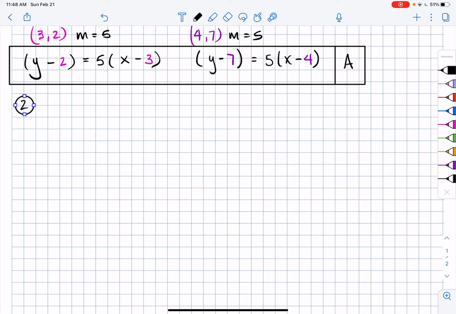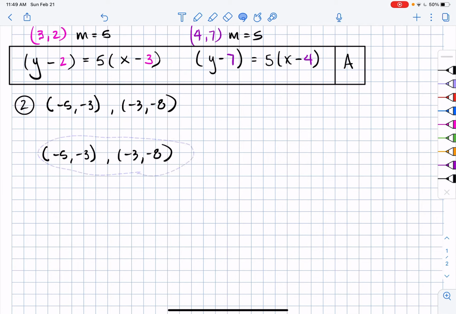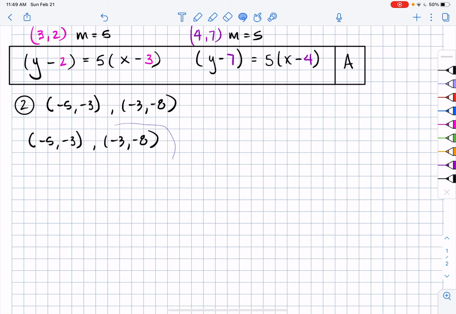Problem number 2 wants the same thing. So I have a point that is -5, -3, and another point that is -3, -8. All right. So again, I take these 2 points. I like to stack them on top of each other, like so.